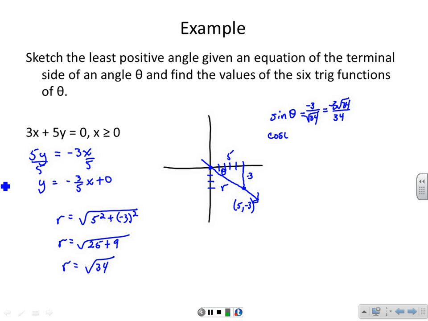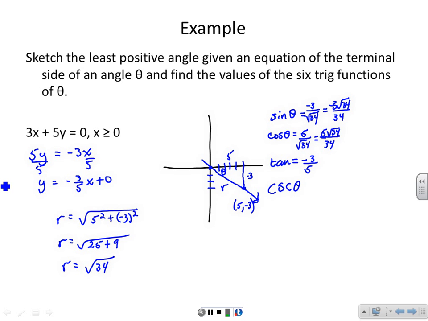Cosine theta is going to be x over r, so we'll have 5 over the square root of 34, which is going to rationalize into 5 square roots of 34 over 34. And then tangent is going to be negative 3 over 5.